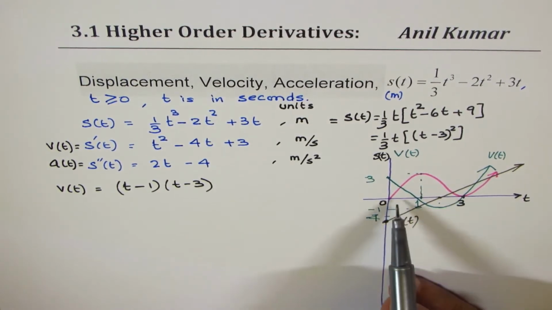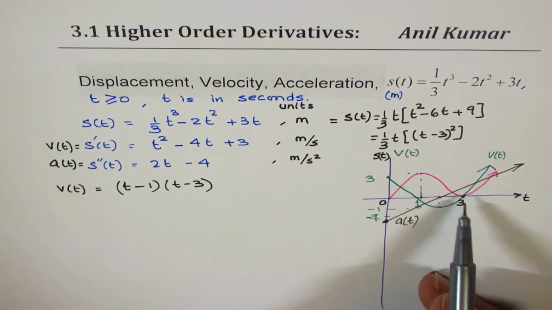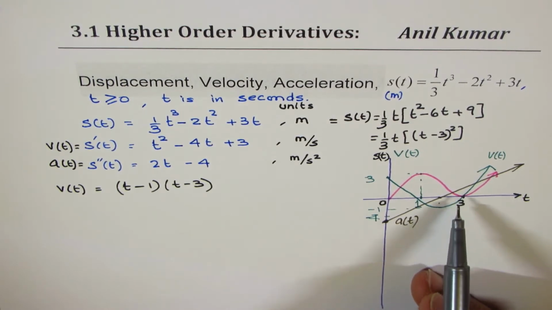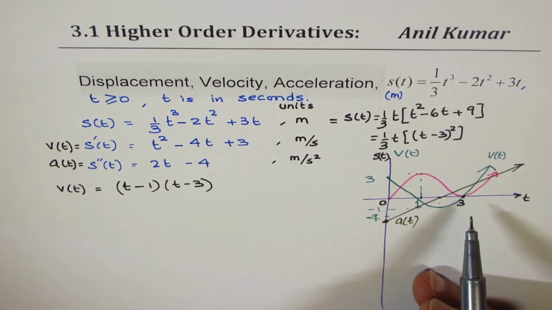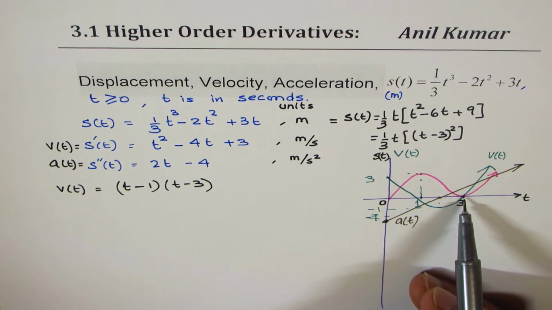There are two places where the value is 0. This point here, when the object returns to a displacement of 0, we say is a point where the object returns to its initial position, which is 0. You are getting my point.